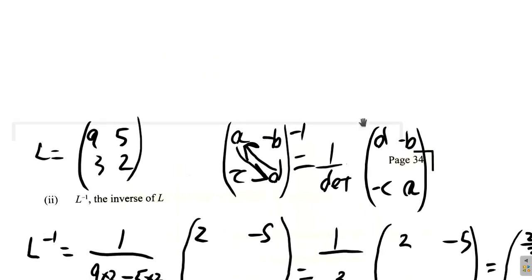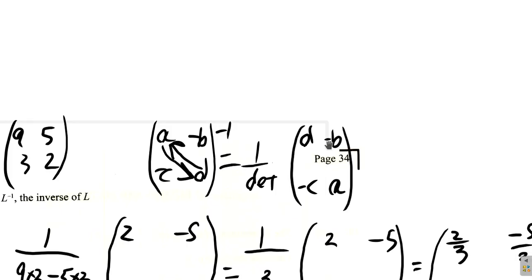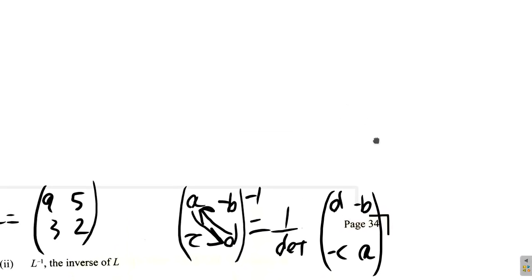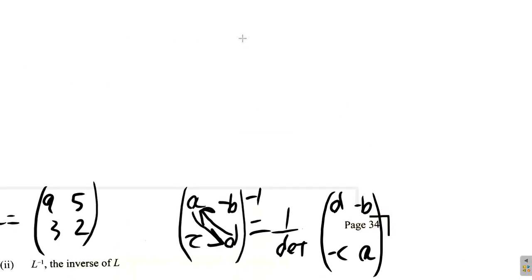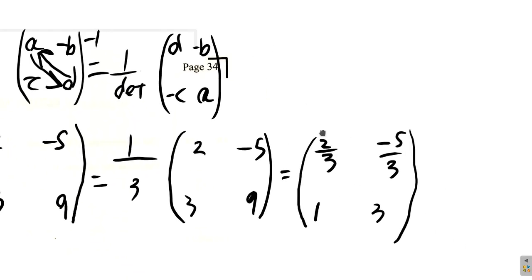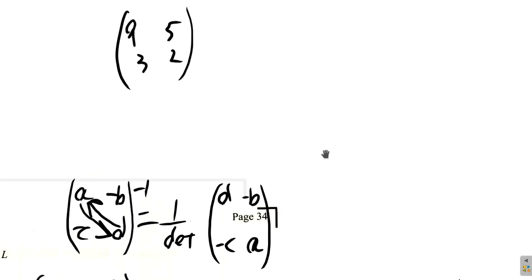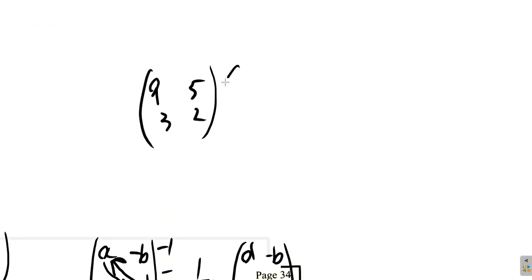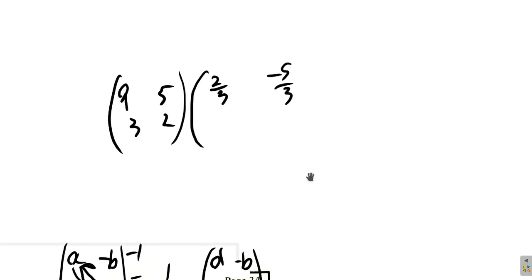Alright, let us make sure. Let us just do a little thing to test what we did. 9 5 3 2 multiplied by its inverse, 2 third negative 5 third 1 3.